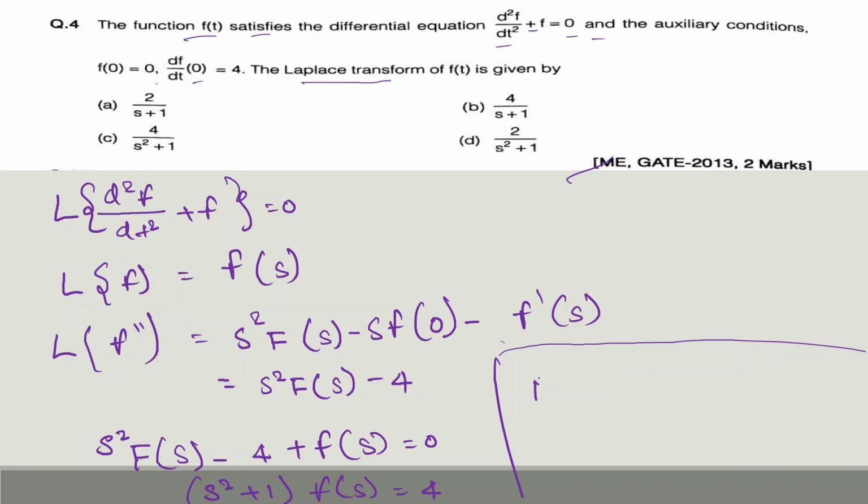After that, I will write F(s) is equal to 4 upon s square plus 1. In the form of Laplace, the Laplace of f is equal to 4 upon s square plus 1 here. So option C will be our right answer for question number 4, guys.